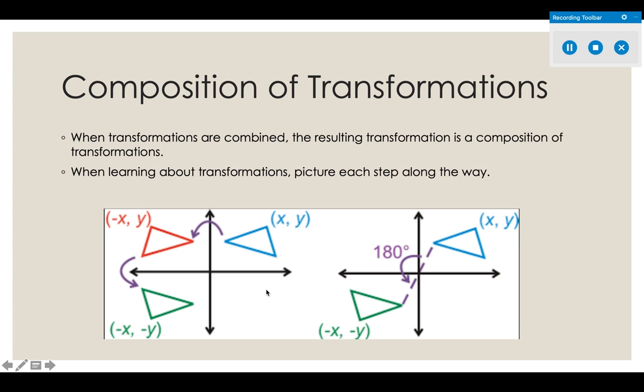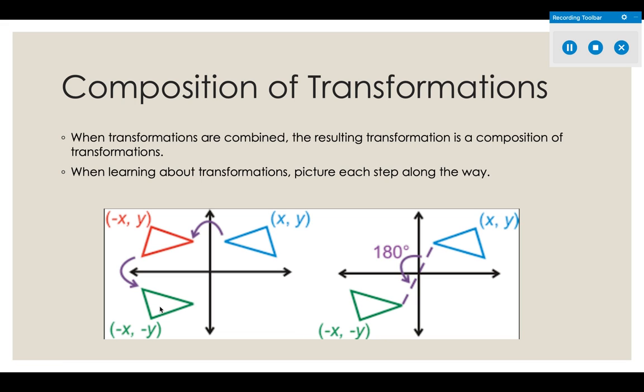Now let's talk about composition of transformations. When transformations are combined, the resulting transformation is a composition of transformations. So here we can see we have our blue triangle, and first it is reflected over the y-axis, and then it is reflected over the x-axis.